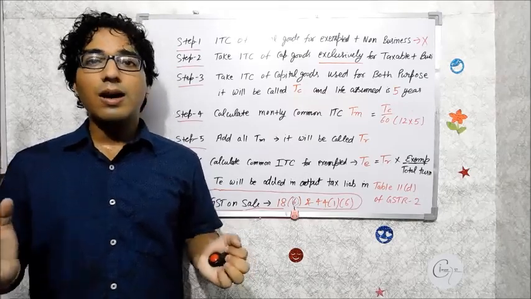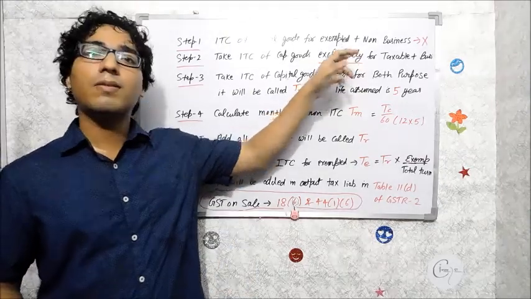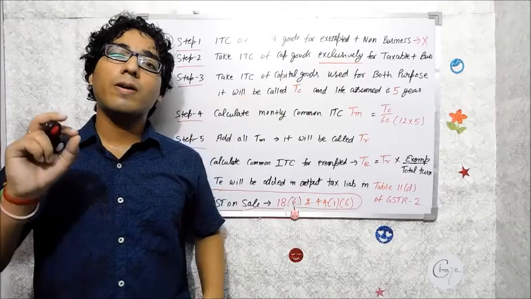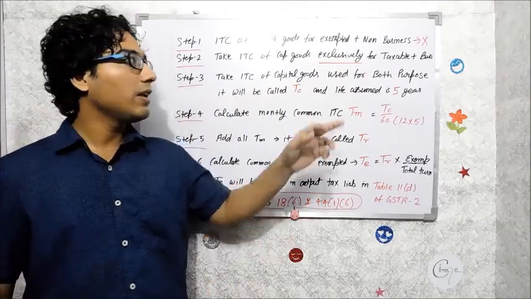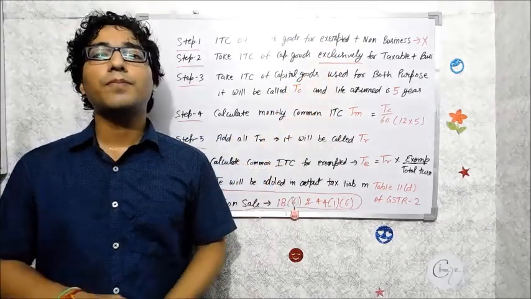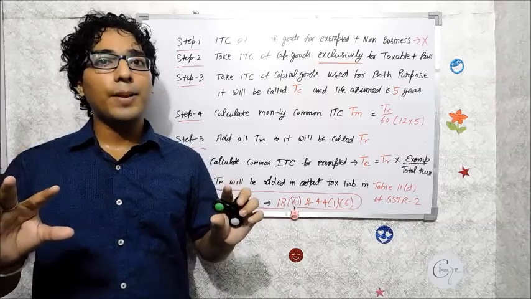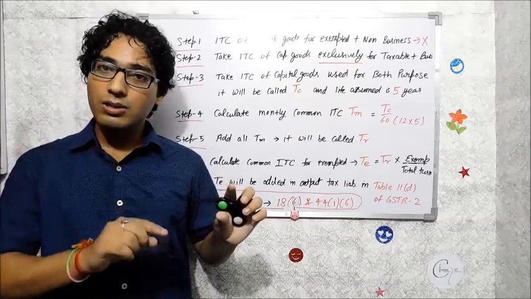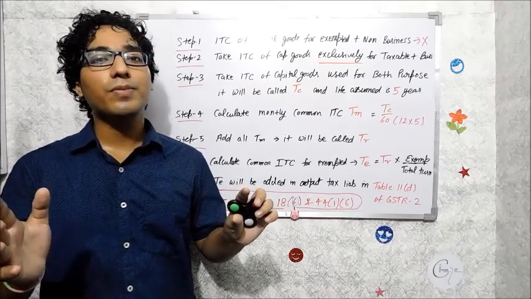Suppose you use some capital asset exclusively for exemption purposes for 8 months, and now you are transferring that capital asset into this category for both purposes. First check the total input tax credit of that capital asset and then reduce 5% for every single quarter. How many quarters are there in 8 months?